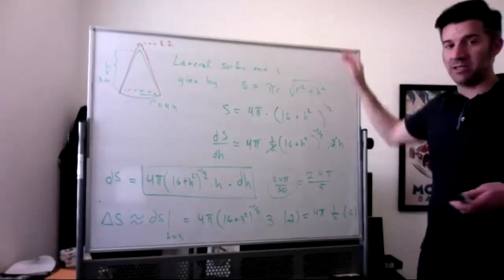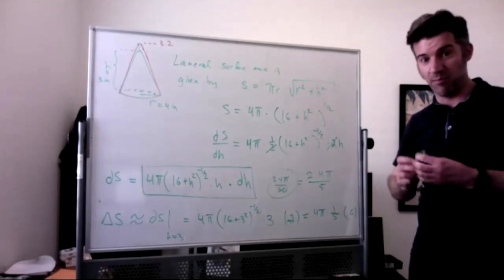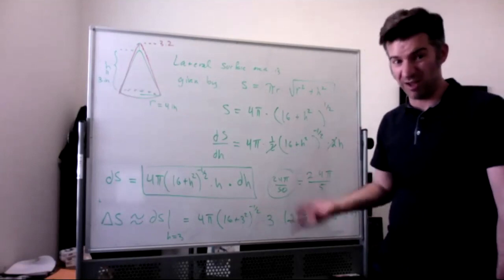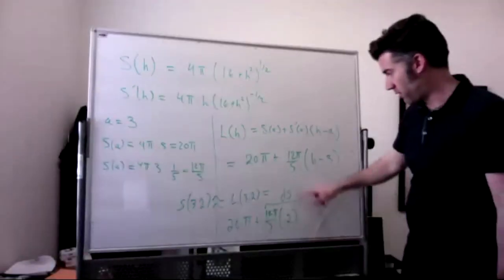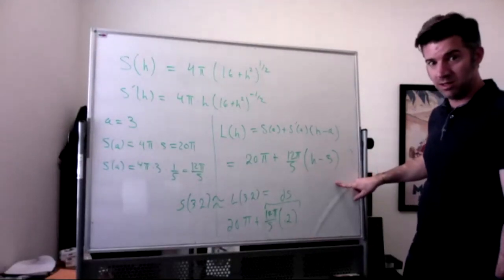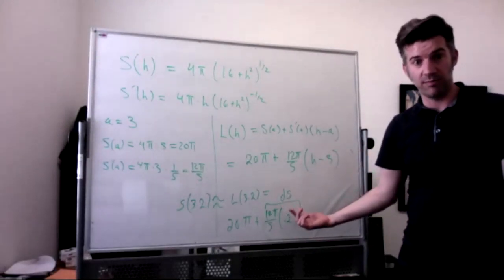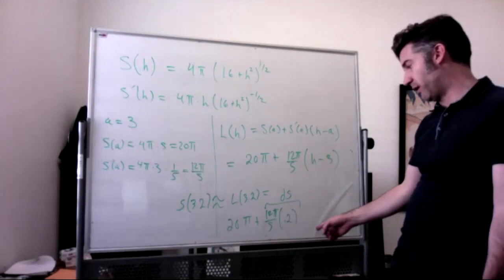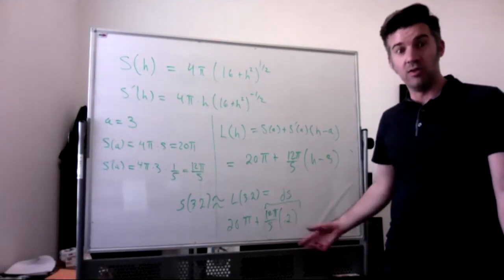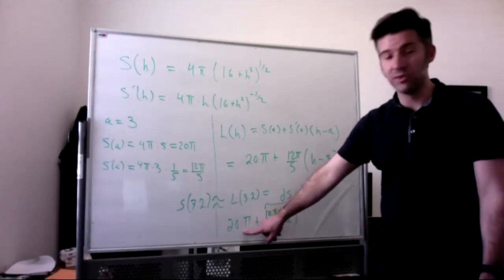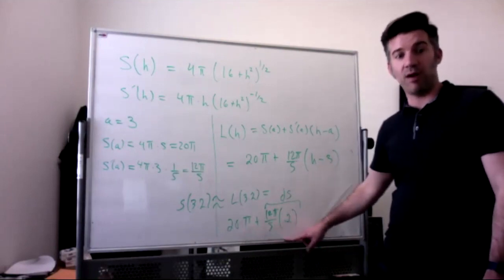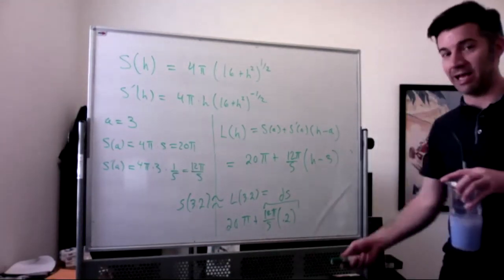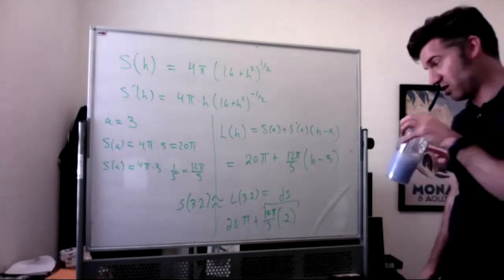So that's the connection that I just spent a few minutes trying to make clear: the differential, the difference in the value that we're approximating, is this part of your linearization after you plug in whatever value you're plugging in. So the surface area of this cone approximately changed by this value here. And the new surface area of the cone is approximately the old surface area plus the approximation of how much it changed, which I'm not going to actually find because we don't really care what it is.